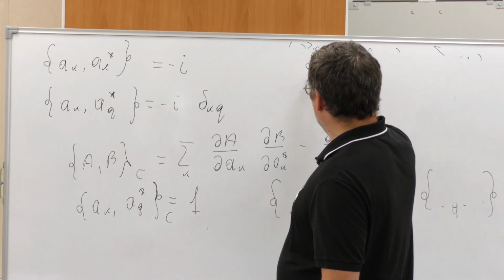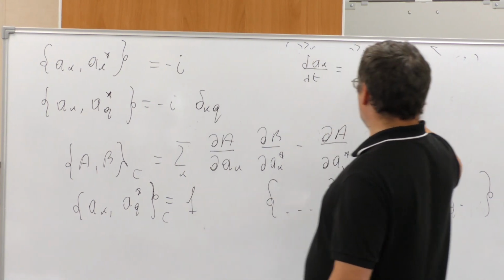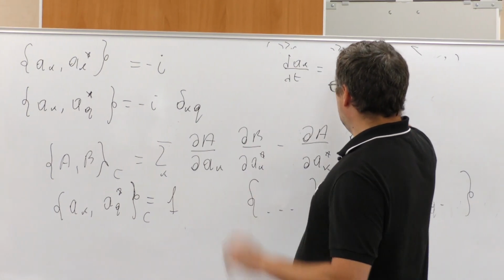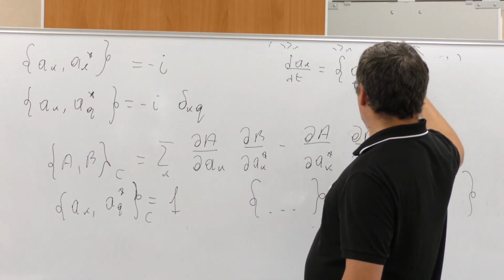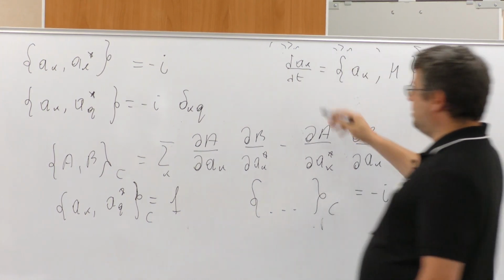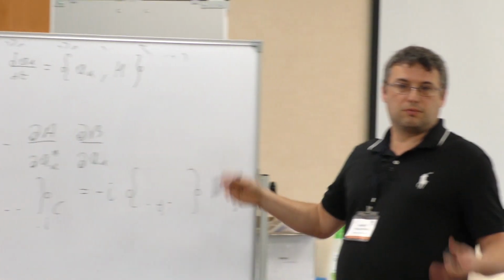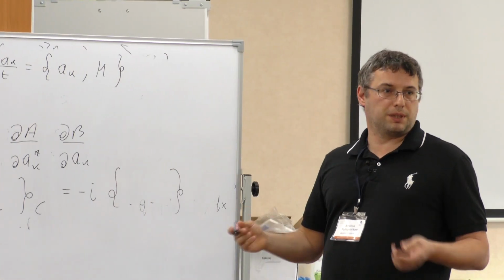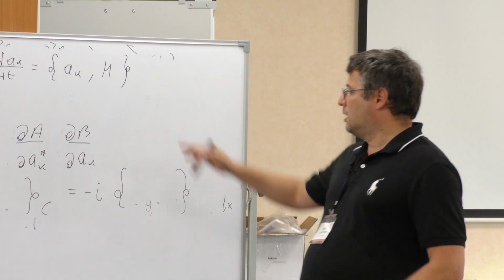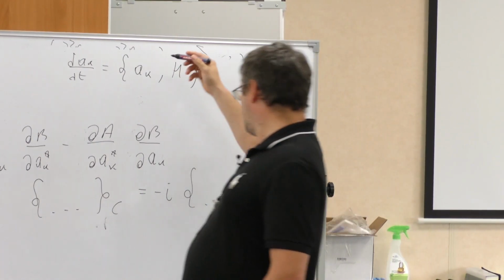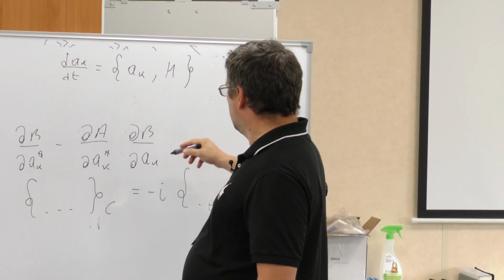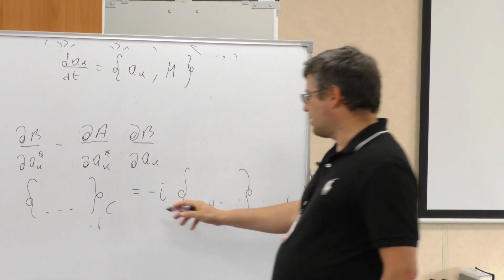dA_k dt is equal to, again, up to a sign, the bracket of A_k and H. This is just the standard Hamiltonian equation of motion for any function which doesn't depend explicitly on time, right? But then I use that this is nothing but, I guess there is some minus sign here. No, maybe it's OK. Well, we'll check signs later.